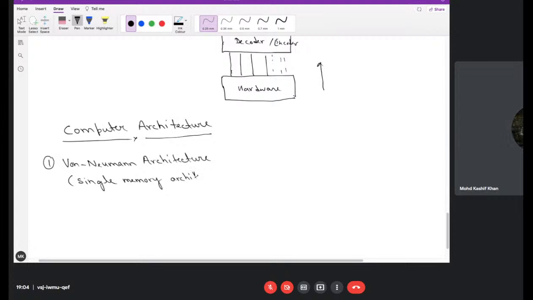And the second is Harvard architecture. This is multi memory architecture.